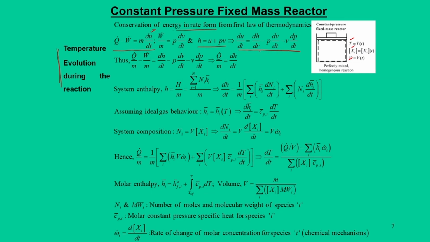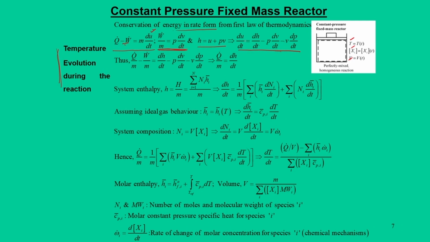Now, when we have these equations, the work term can also be expressed in the form of pressure times dV. So, W dot by m you can write as P dV by dt.